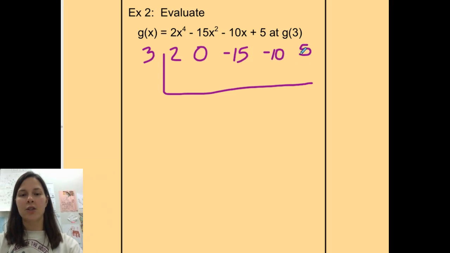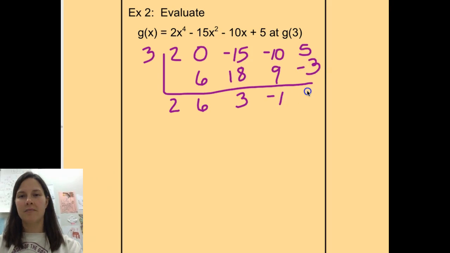Using our synthetic division, we drop down the 2, multiply by 3, add, multiply by 3, add, multiply by 3, add, multiply by 3, and finally add.